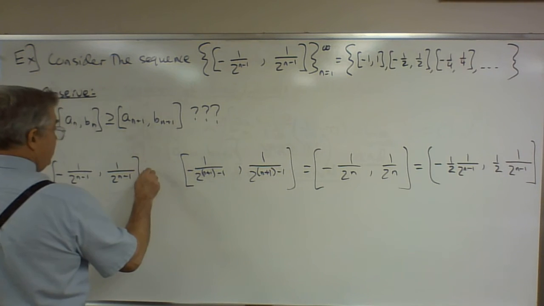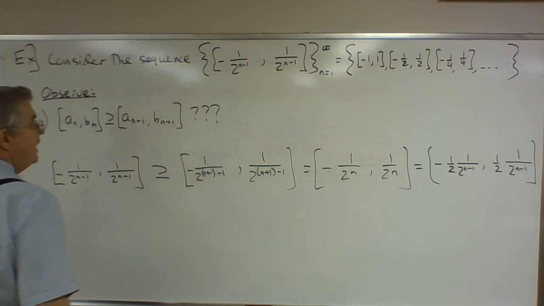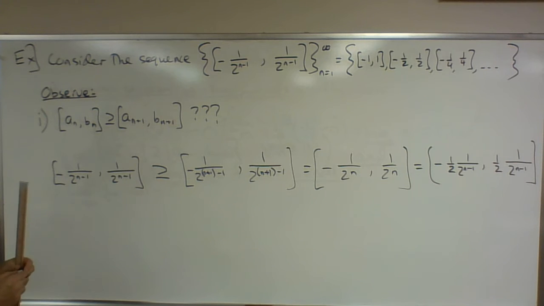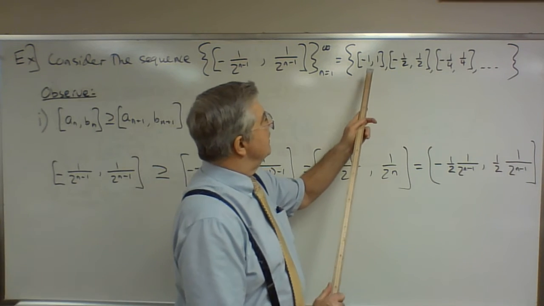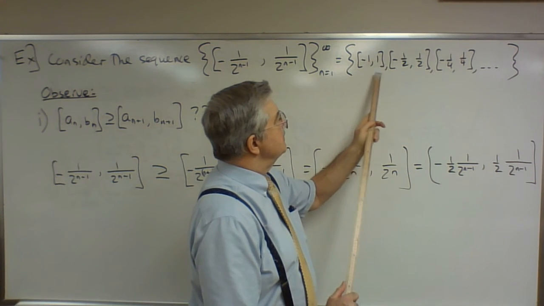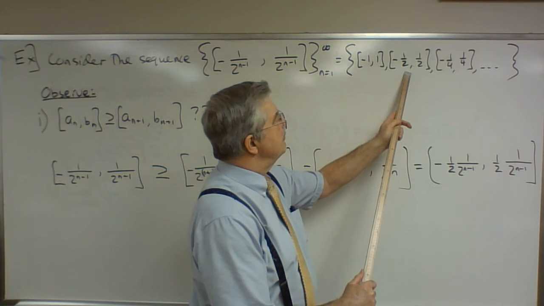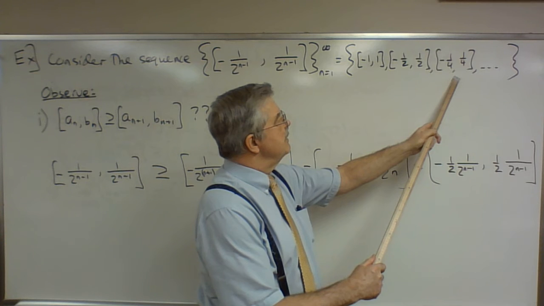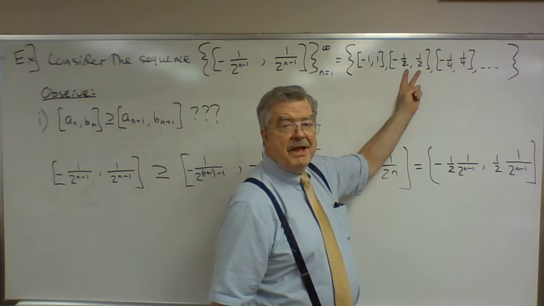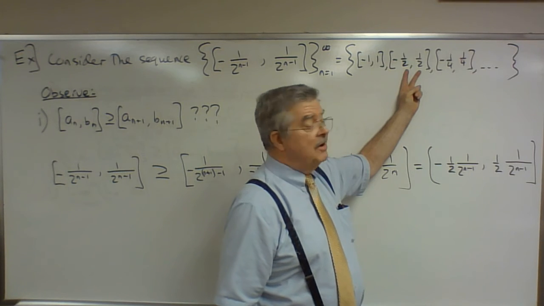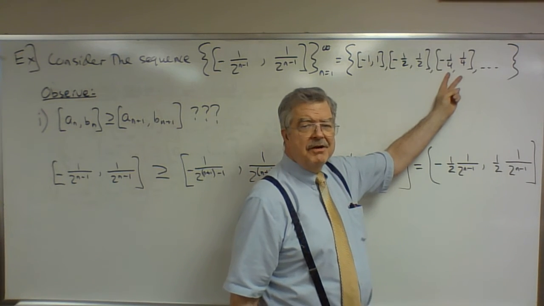So we can do this. And if we have our doubt, let's just look at the pattern. First interval, negative 1, 1. Second interval, negative 1/2, 1/2. Third interval, negative 1/4, 1/4. The magnitude of the endpoints is cut in half with each succeeding interval.